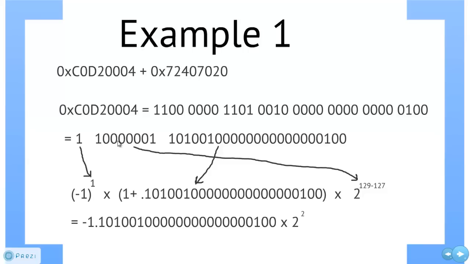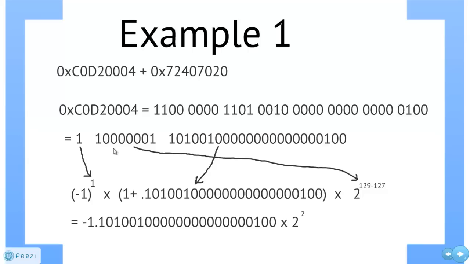And what this is going to correspond to is that you can plug these values into the expression shown down here, where for the sign bit we have -1 raised to, in this case, a 1, which means that our value is going to be negative. Then you're going to take the mantissa or the significand, which is 23 bits long, and you're going to add 1 to it and put it in this position right here.